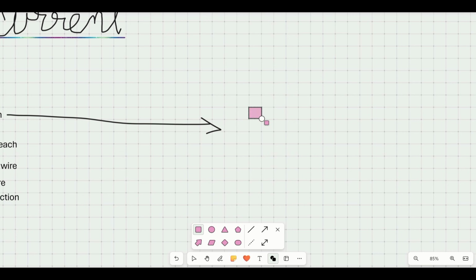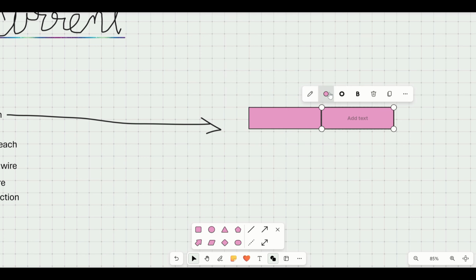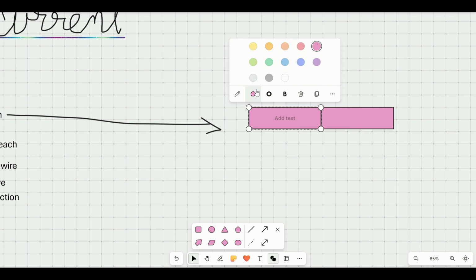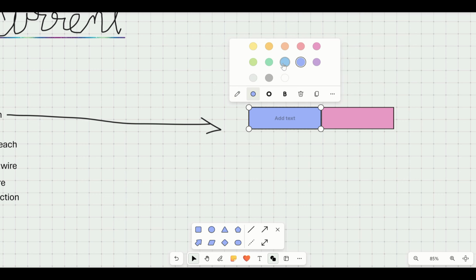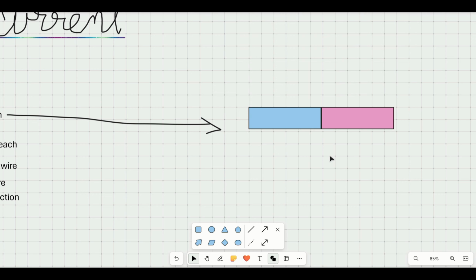The bar magnet is rectangular. Let's duplicate and place it here, and change its color to blue, and we do not have any red, so our only option is pink. I think this blue will look better. So it is a bar magnet, and in a bar magnet there are two poles. First is north and the next is south.